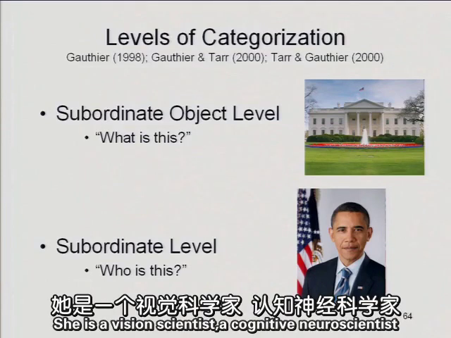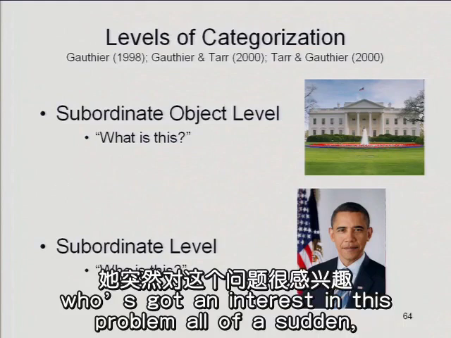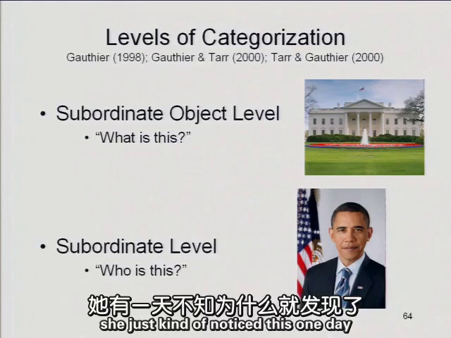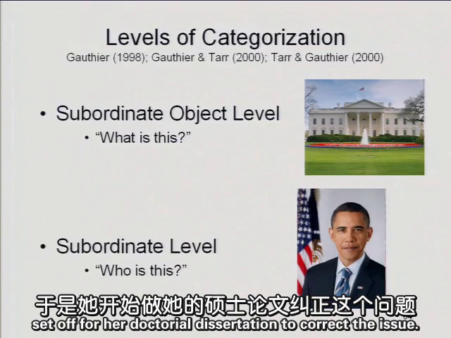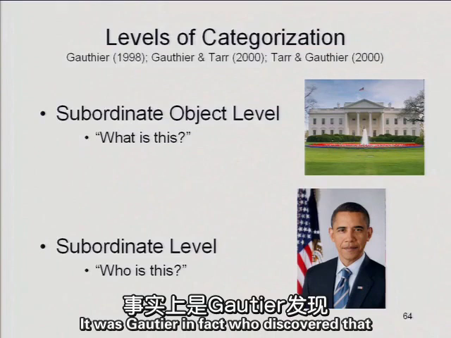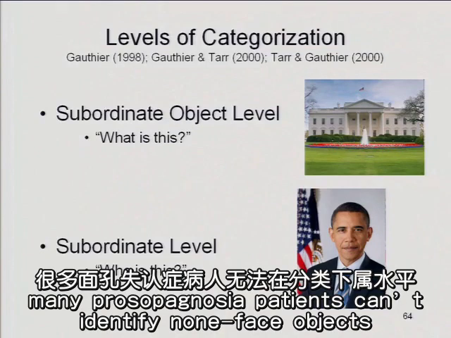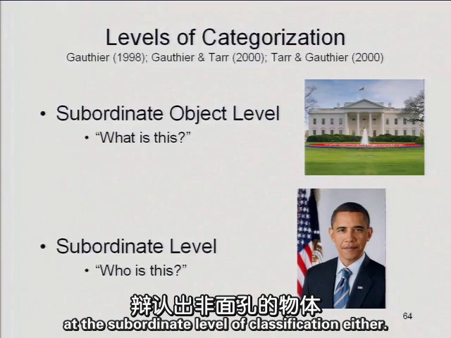She's a vision scientist, a cognitive neuroscientist, who got interested in this problem, and all of a sudden she just noticed one day that there was this problem with these tasks, and then set off for her doctoral dissertation to correct the issue. It was Gauthier, in fact, who discovered that many prosopagnosic patients can't identify non-face objects at the subordinate level of classification either.